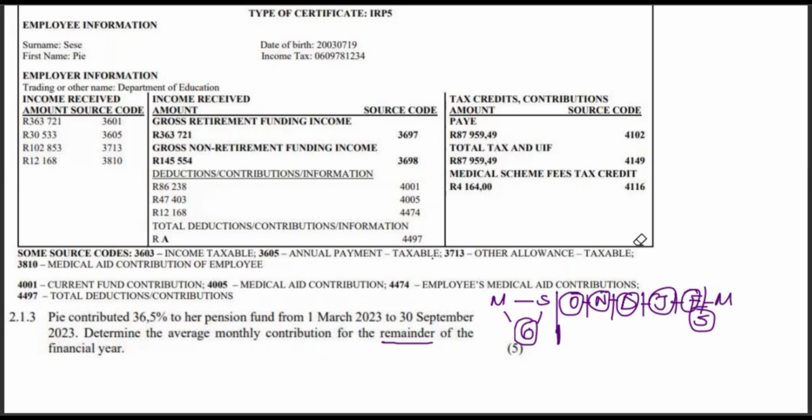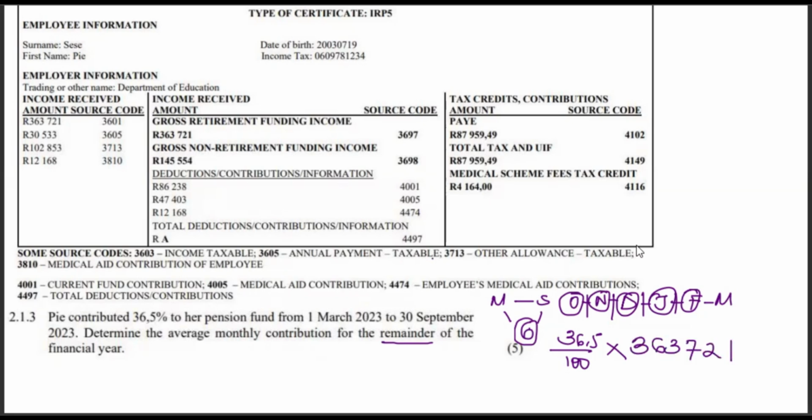So what we're going to do, we shall look for 36.5%. It's 36.5 over 100 of that much. Oh, her pension fund. When we come to the pension fund here, where could we find the gross? Okay, pension fund, the retirement income funding. Yeah, so that's what we're going to use, and we multiply.